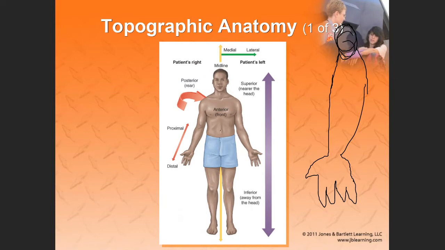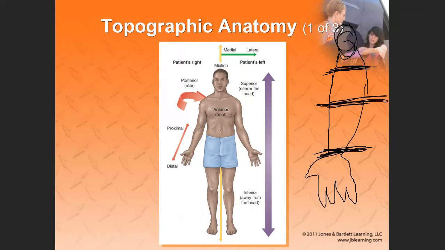So the forearm bone is fractured. This region is the shaft, and this is the area closer to the wrist.